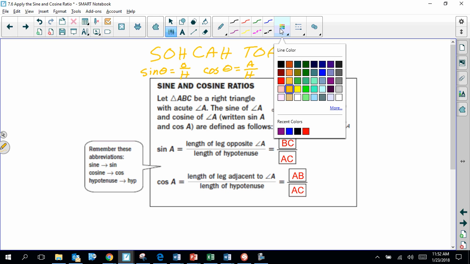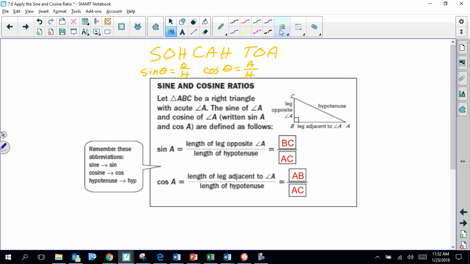So, for instance, if we're saying sine of A, here's my angle of reference. So the side opposite of angle A is this side CB, and the hypotenuse is the side obviously across from the right angle. But here I could also say, what's the sine of C?